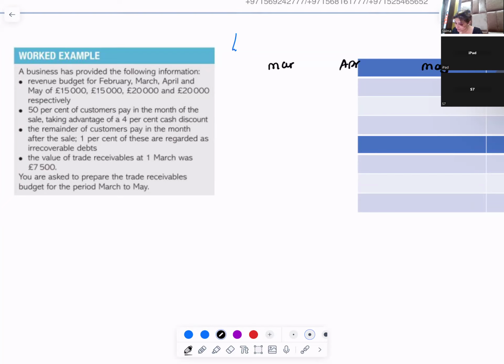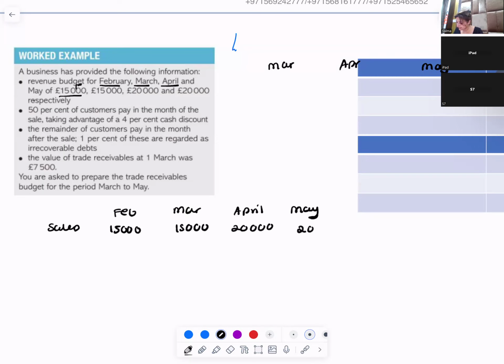They have also given the revenue budget of Feb, March, April, and May: Feb is 15,000, March also 15,000, April 20,000, and May also 20,000.